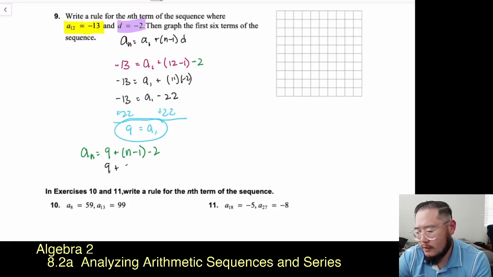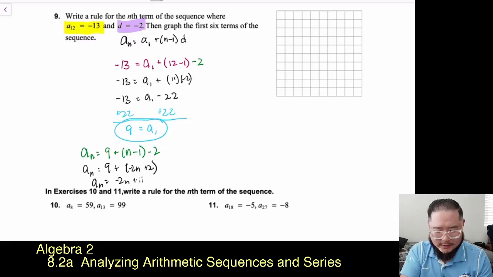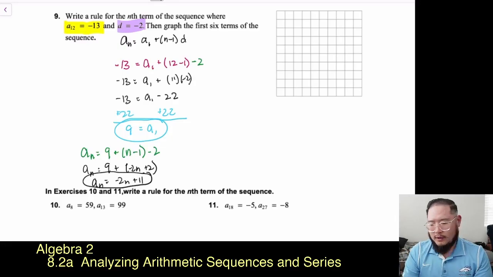Negative 2n, and then we've got our subs plus 2. And let's go ahead and rewrite this. A sub n is going to be equal to negative 2n plus 11. And we'll put that into the correct format right here, and we have our rule.